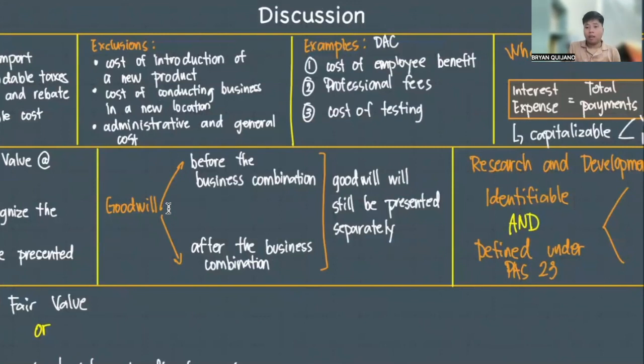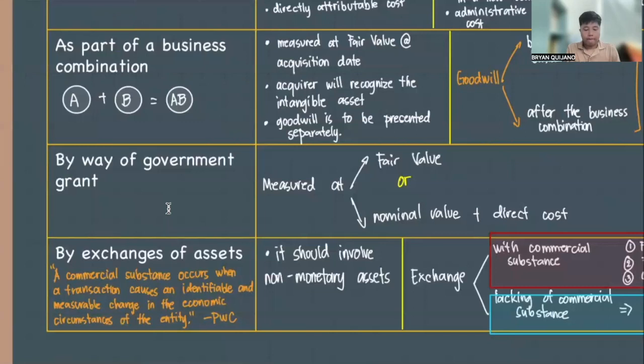Just a reminder, whether the goodwill arises before or after the business combination, the goodwill will be presented separately on the face of the financial statements or in the balance sheet.